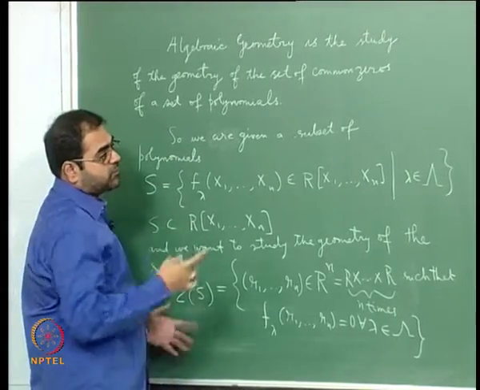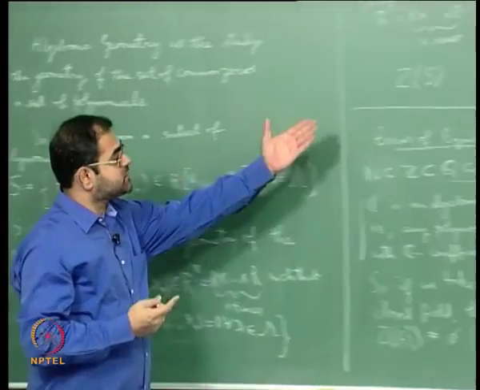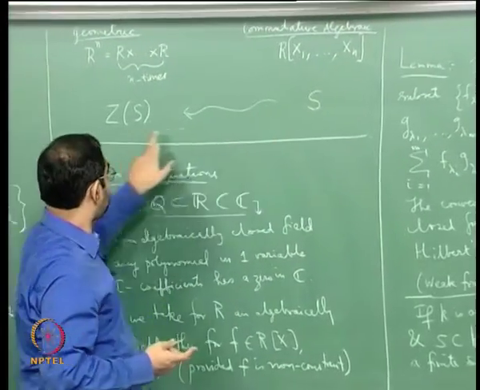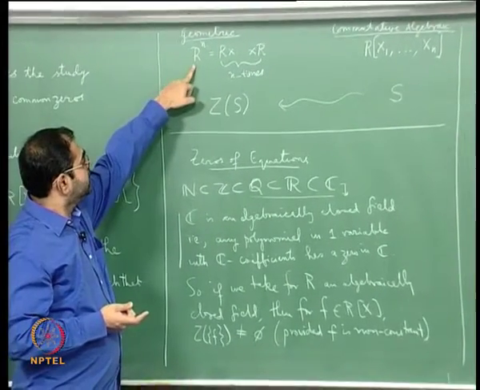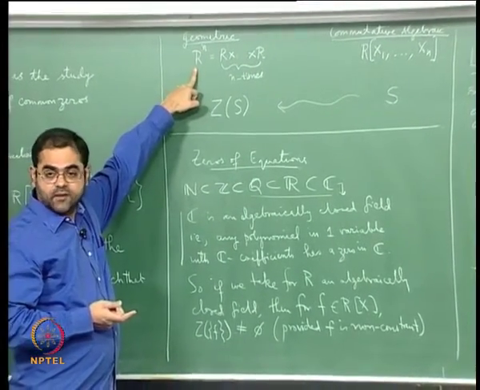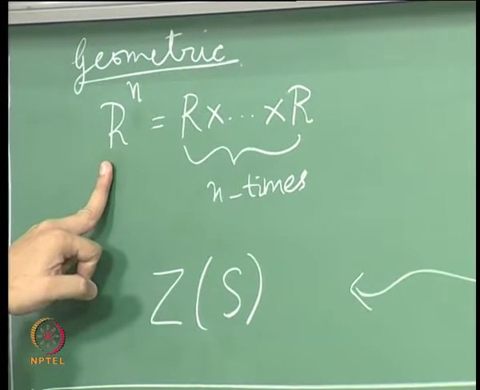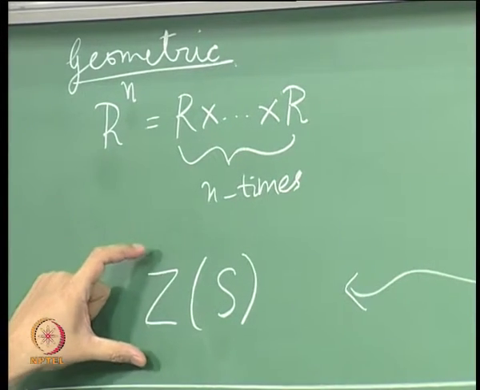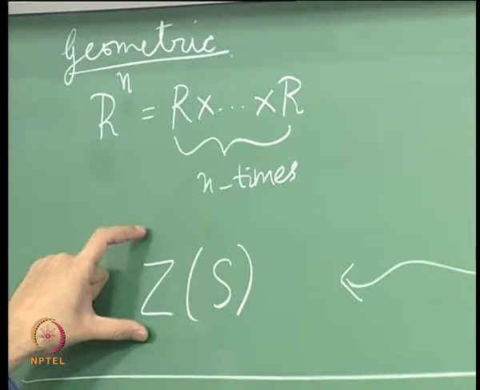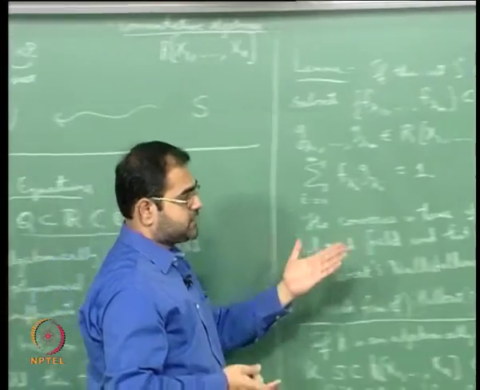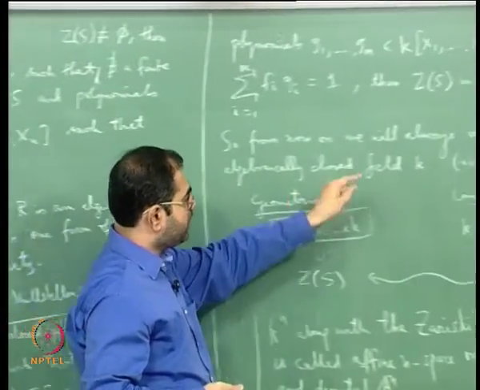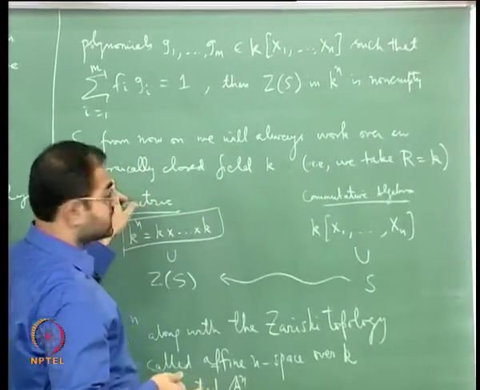Then you associate to this set S the zero set in this n-dimensional space over R, and of course we wanted to ensure that this set doesn't turn out to be the empty set. So we assume that we always work over an algebraically closed field.